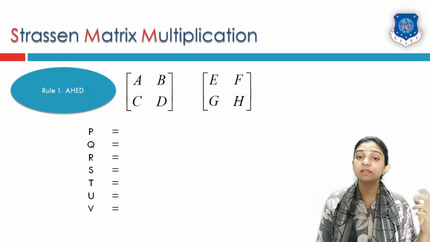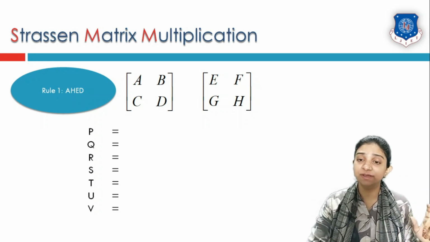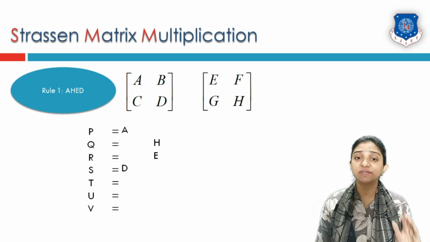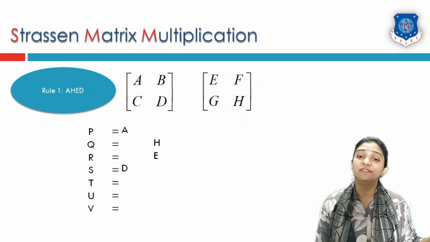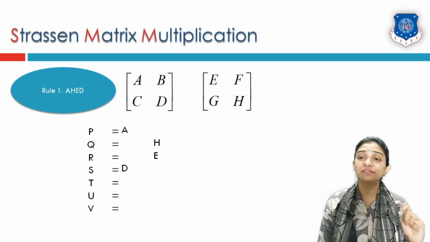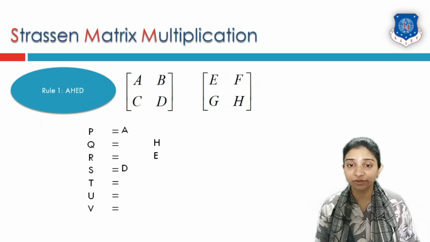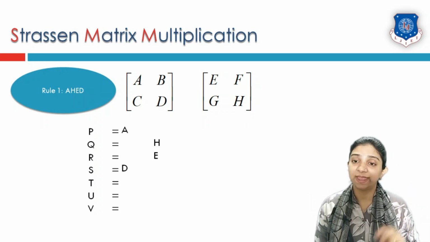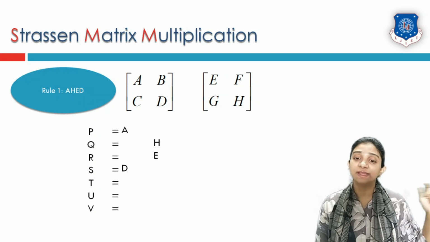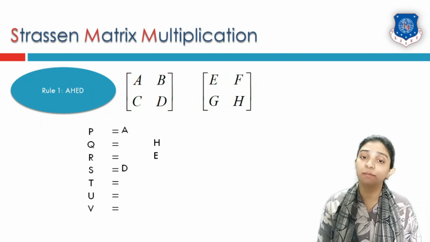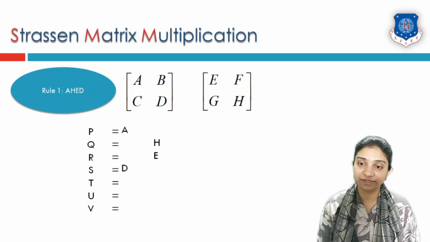So A is a component from the first matrix, it will be the first term. H is a component from the second matrix, that's why it will be the second term in the second formula. E is also a component from the second matrix, that's why it will be the second term in my third formula. And D will be in formula number 4, but it is from matrix 1, that's why it will be the first term in the formula. So rule 1, AHED, is complete.